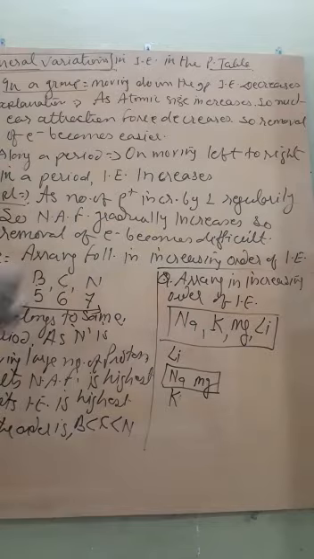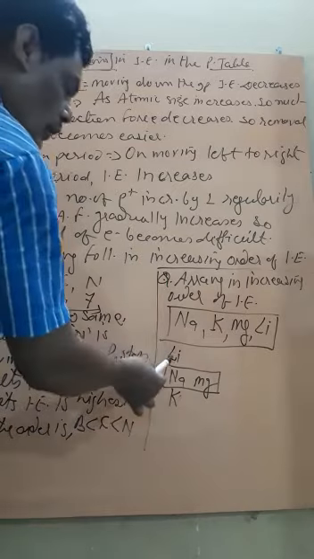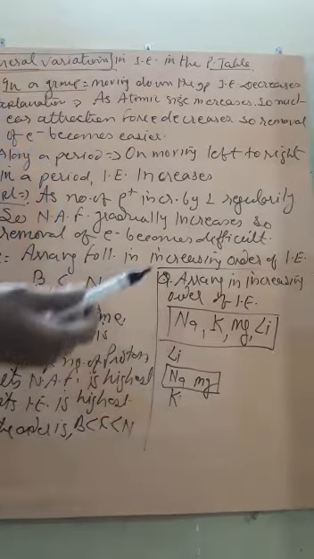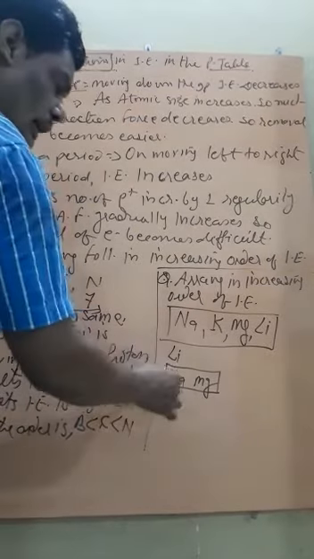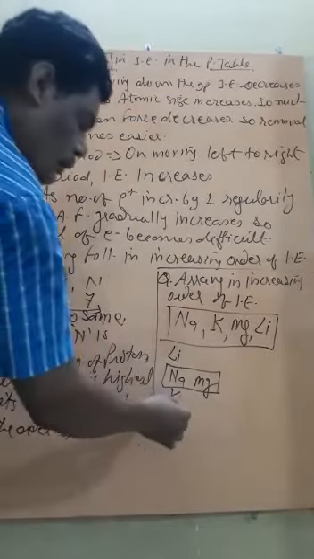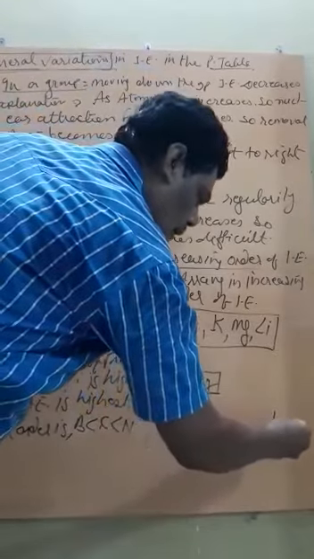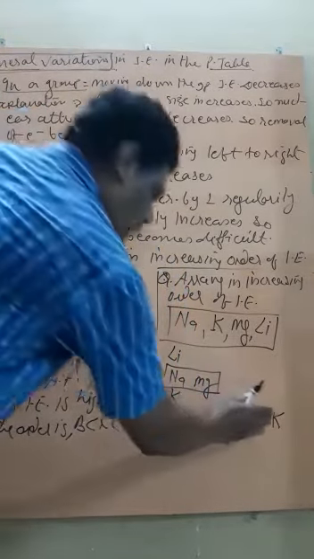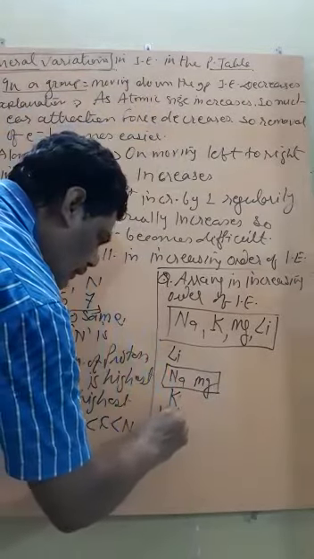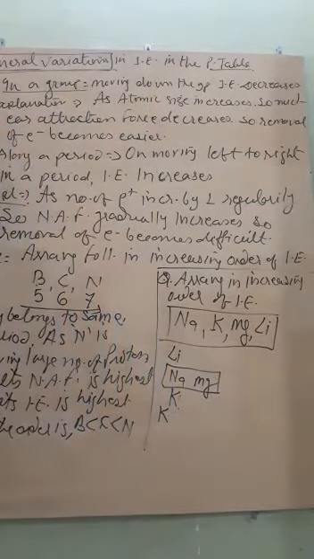Now on the basis of this general trend, what we can say? Down the group ionization enthalpy decreases. So which element is present very far down compared to the others? Potassium. So we can write here, potassium will have the lowest ionization enthalpy. So you start from the lowest, which is potassium.